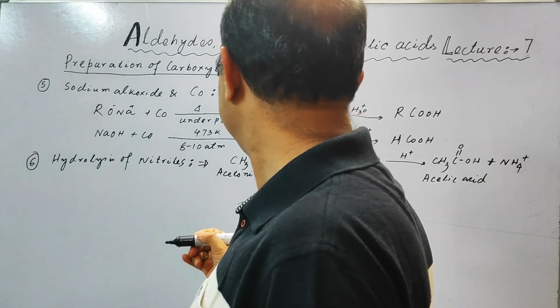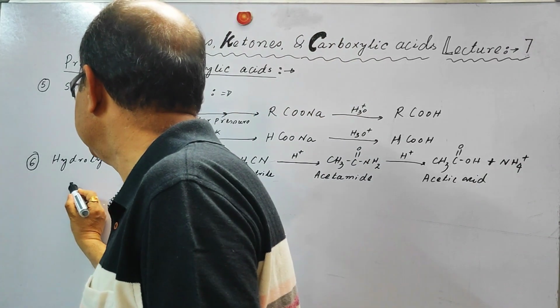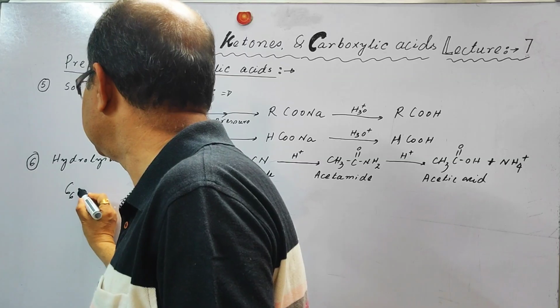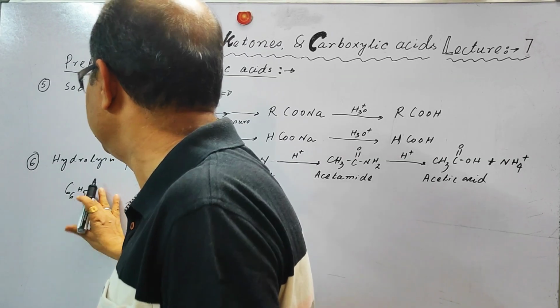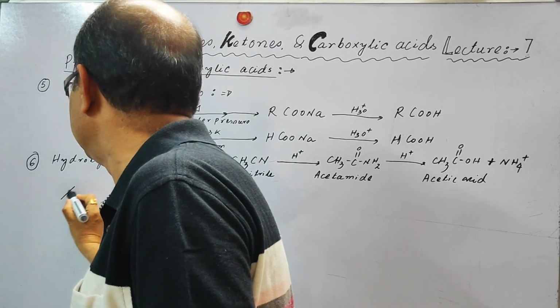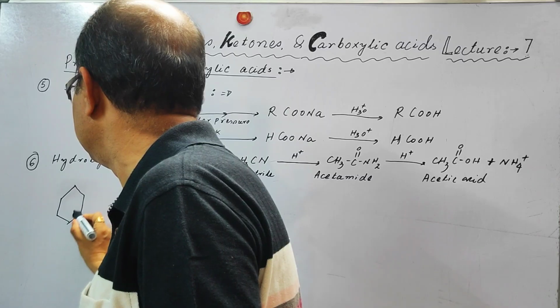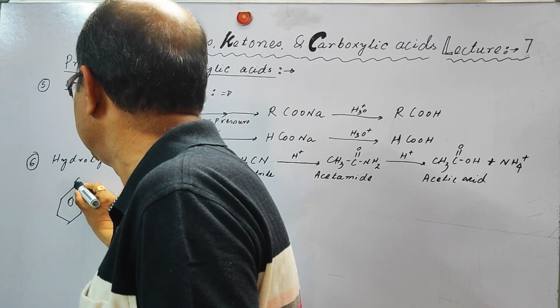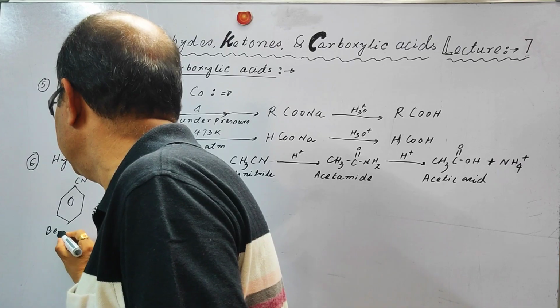Second reaction, in presence of alkali, we take C6H5CN, benzonitrile.